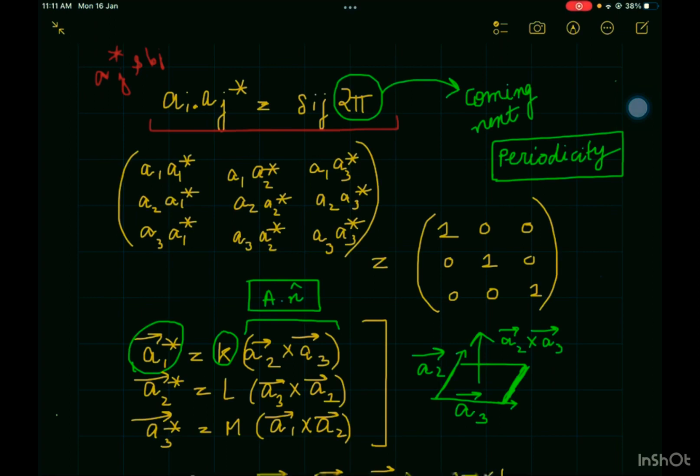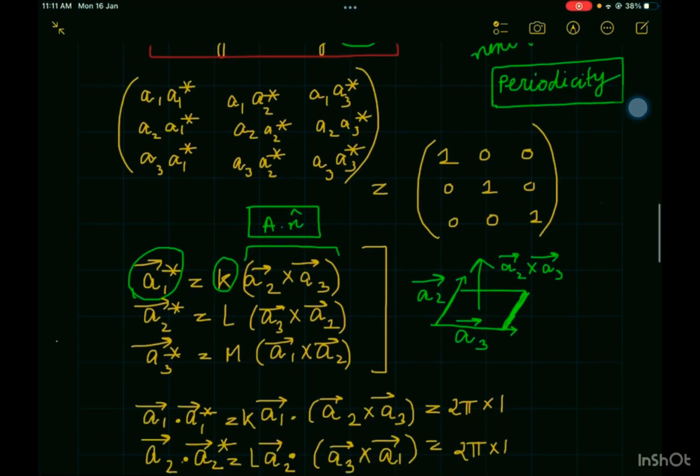This particular formulation can be expanded and written in a simplified format as a1 dot a1 star gives us 1, a1 with a2 star gives us 0, a1 with a3 star gives us 0 as well, and similarly for the rest. From the definition, we find that a1 star must be parallel to a1 and perpendicular to the vectors a2 and a3.